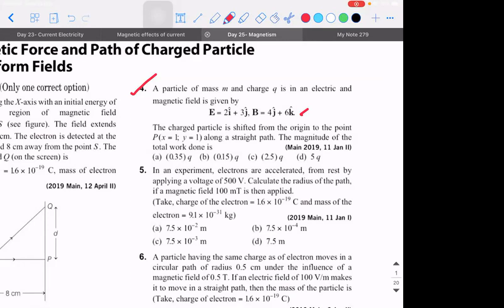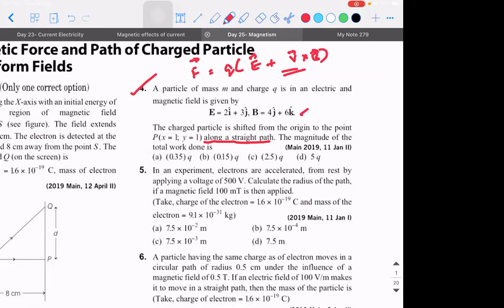Here the charged particle is, so what is the meaning of this word along straight line path? If you read this question, I'm having many questions in my mind. F is equal to the Lorentz formula that we saw, Q into E vector plus V vector cross B vector, correct?